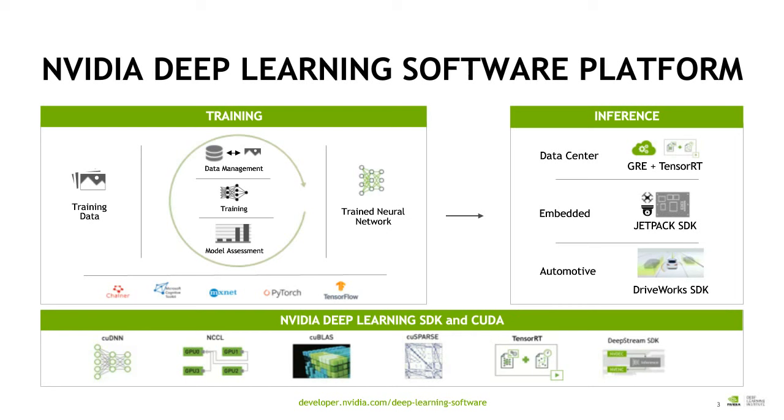We also provide deployment solutions for inference applications running in the cloud or data center, embedded platforms, and autonomous vehicles. And for developers who want to build their own deep learning capabilities from the ground up, the comprehensive NVIDIA Deep Learning SDK includes all the latest GPU-accelerated deep learning algorithms in the CUDA Deep Neural Network, or cuDNN library.